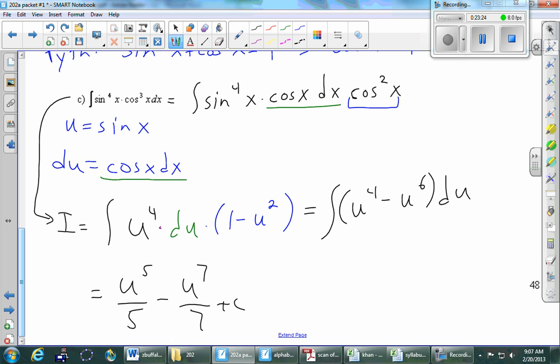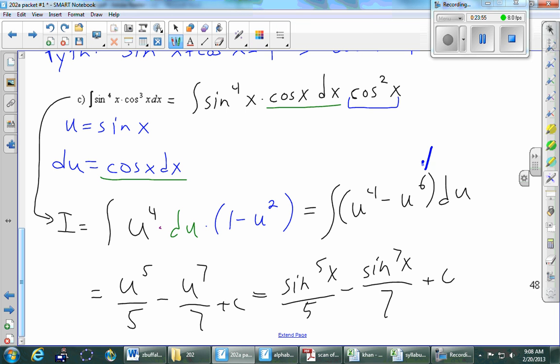Right, and then we just go back to sine of x. That came from adding 1 to this power and then dividing by the new power.